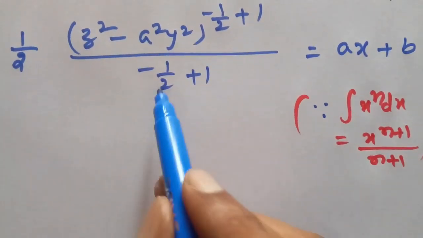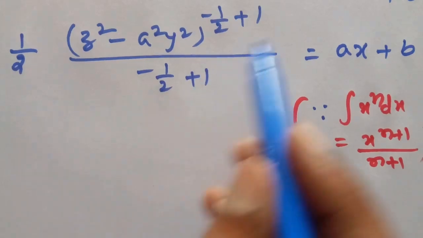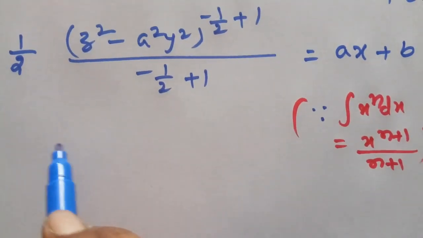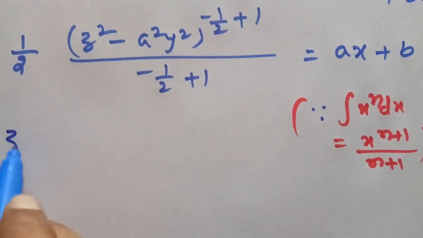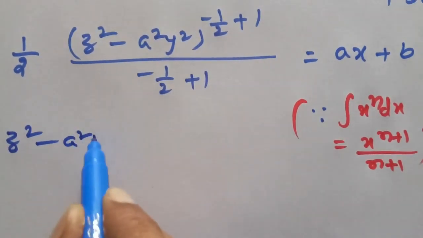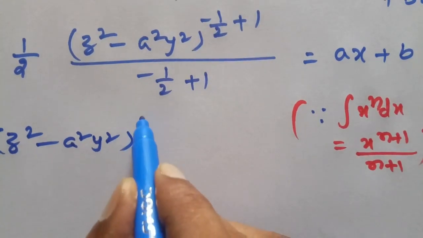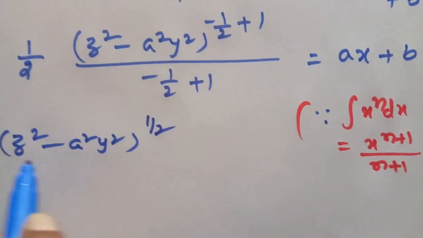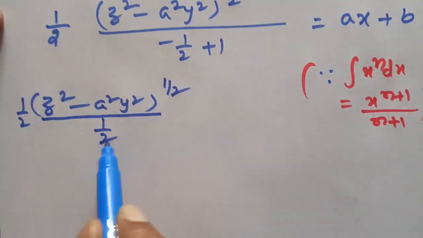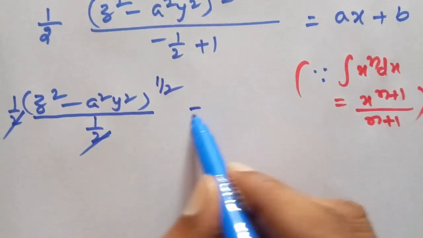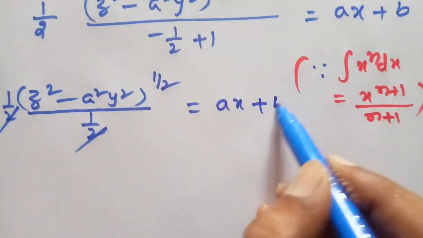Therefore, after simplification, minus 1 by 2 plus 1 is 1 by 2, here also 1 by 2. Therefore, z square minus a square y square whole to the power of 1 by 2 into 1 by 2 by 1 by 2, the 2 gets cancelled, is equal to ax plus b.